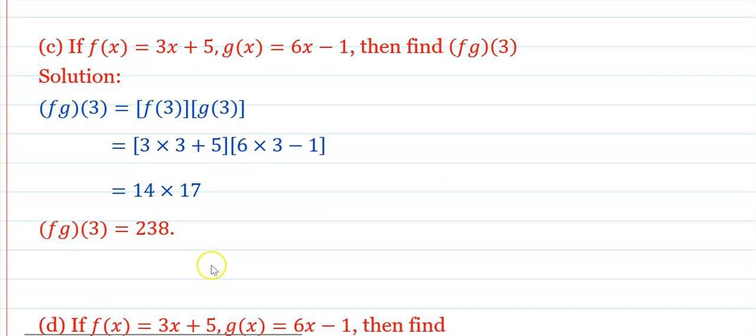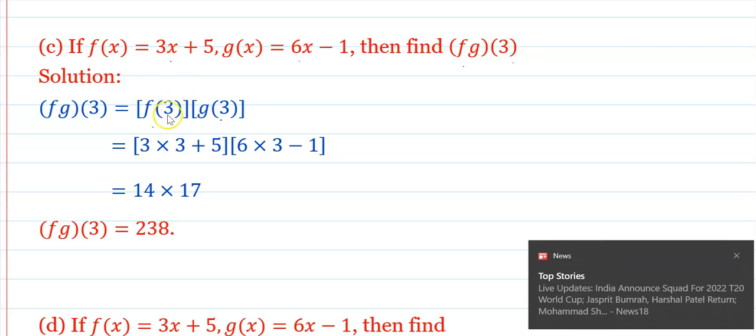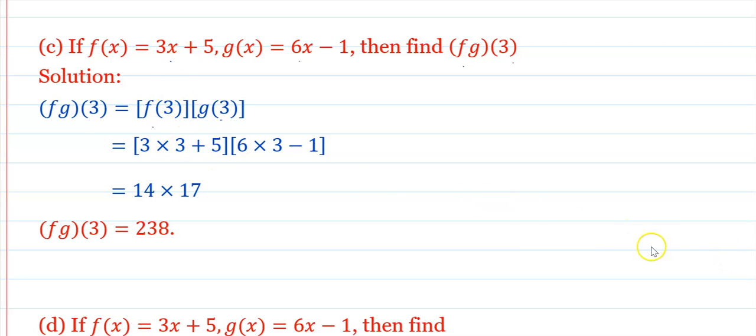Okay. Now the next, if f of x is equal to 3x plus 5, g of x is equal to 6x minus 1, then find f into g at 3. Okay. Means what? f of 3 into g of 3. Replace x by 3. That is 3 into 3 plus 5 for this function.